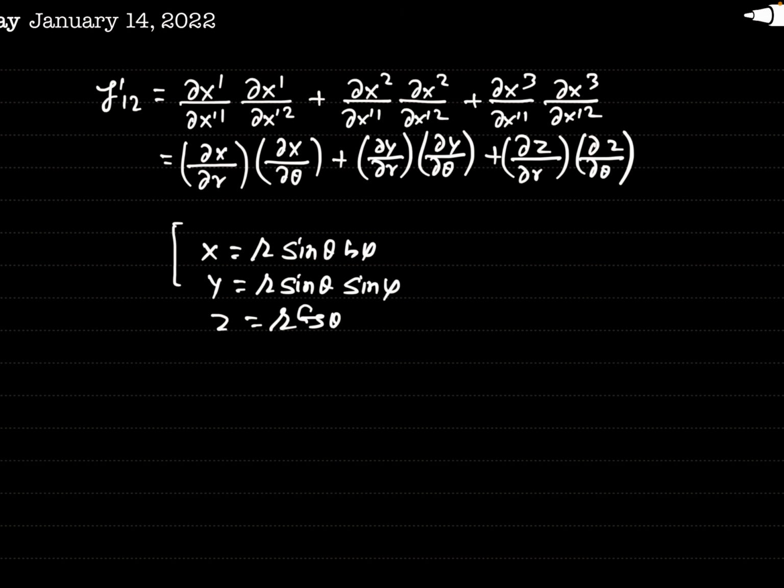And from here you can see del x by del r, g prime 1 2 equal to del x by del r.